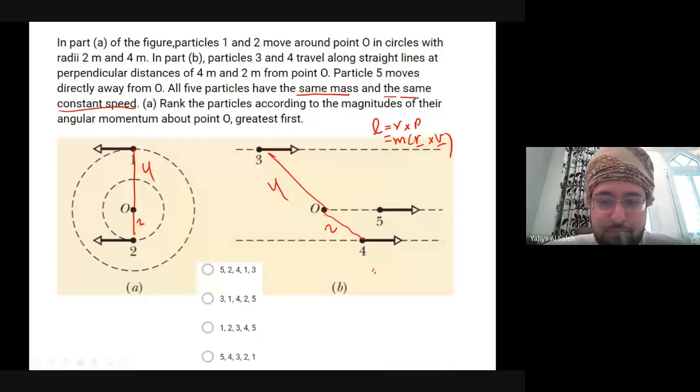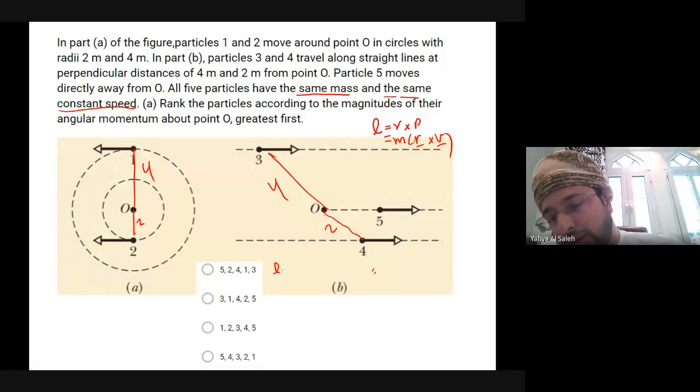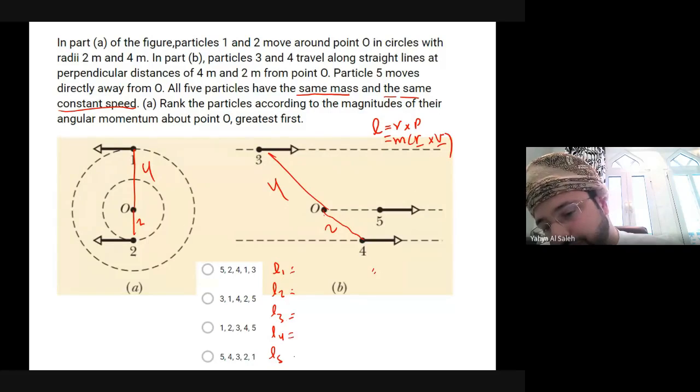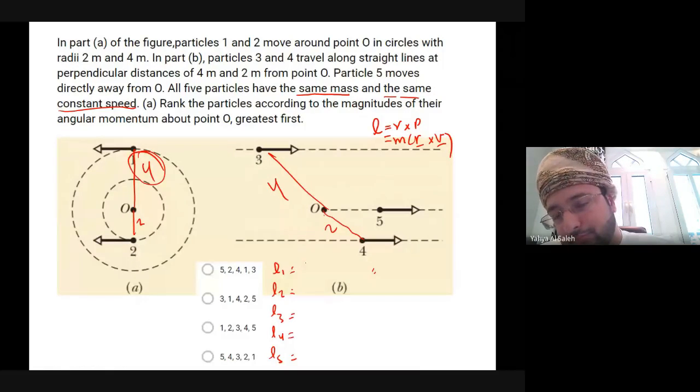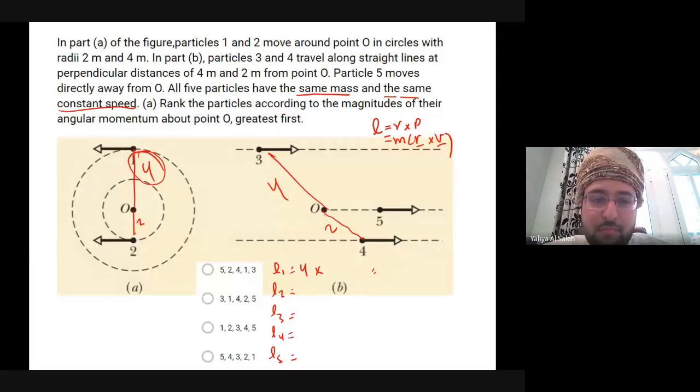Let's write it. What's L1, L2, L3, L4, and L5? What's L1? What's R for particle 1? It's 4. What's R for 4? And then whatever P is.